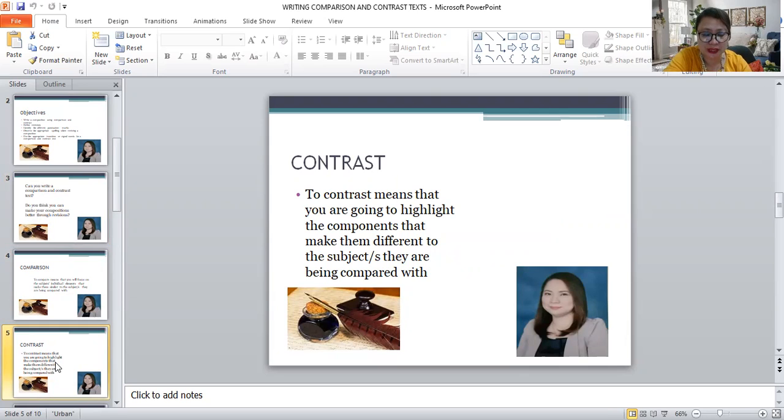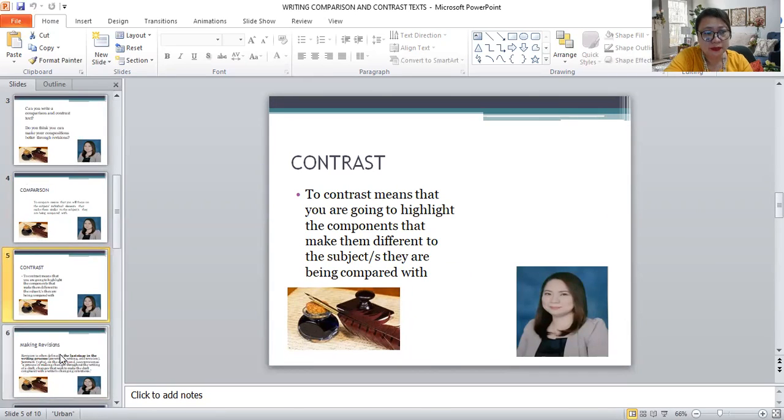Comparison and contrast writing is used to show a reader the similarities and or differences between two subjects. Comparison writing focuses on similarities, ways that they are alike, while contrast writing focuses on differences or ways that they are not alike. Okay?